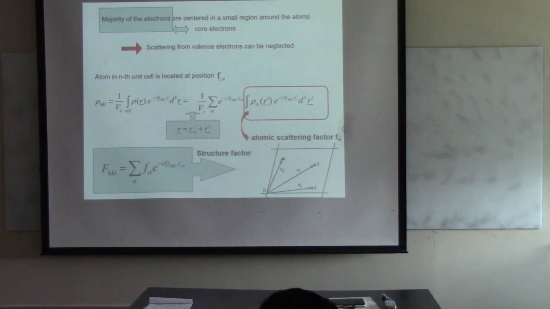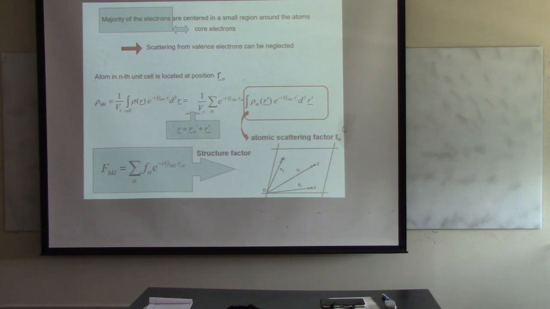So you can write this rho_G as the sum over alpha of e^(-iG·R_alpha) times this f_alpha for a given atom. So f_alpha is what? That tells you how the charges are distributed. It's not a point charge, that's the only thing to understand. So this we call the atomic form factor.